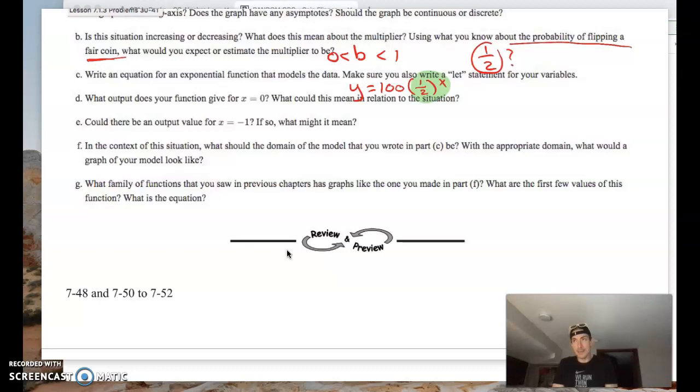It's setting up like an exponential model, and it's working really, really nicely for situations like this. Our multiplier is 1/2, right? It's not exactly like the rebound ratio problem, but it's pretty similar. We've got a decay or a decreasing value as time or the trials move out there to the right.